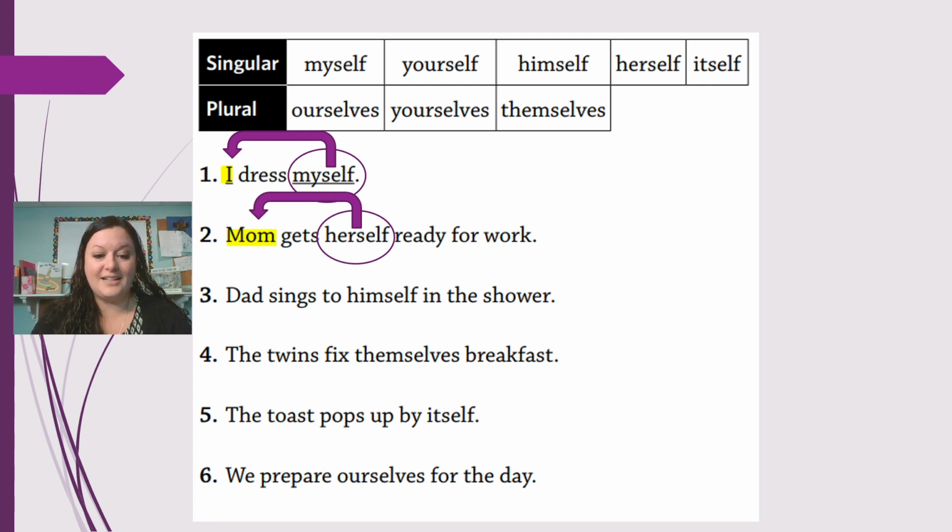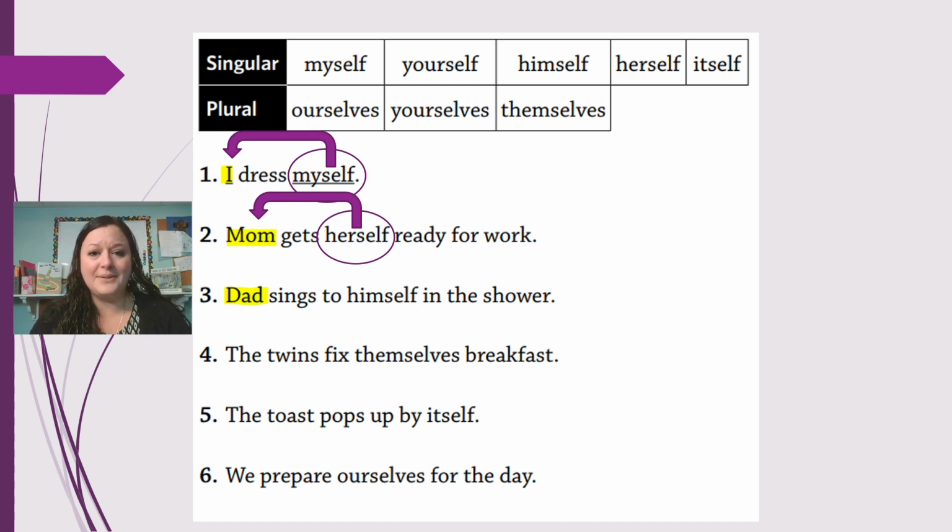Let's try our next sentence. Dad sings to himself in the shower. Who's the subject of this sentence? Did you say Dad? You're right. And who is Dad getting ready?